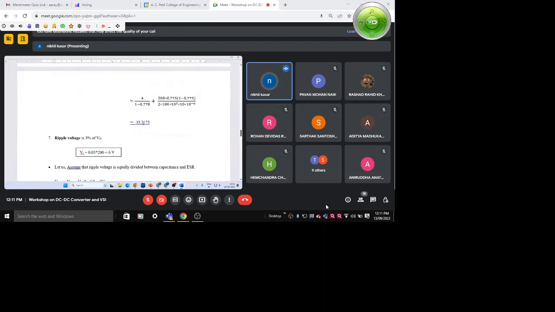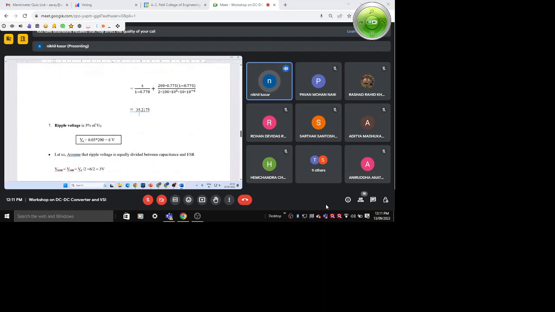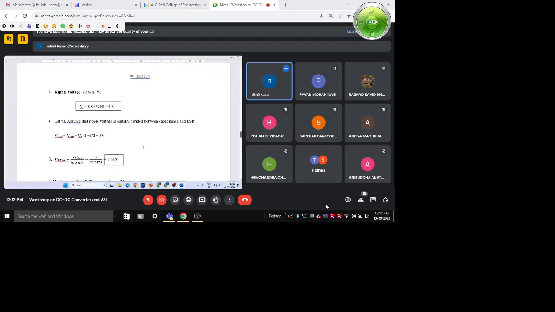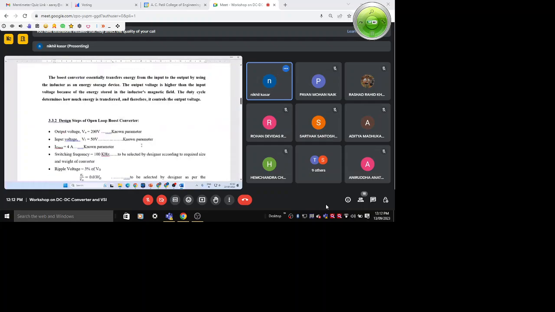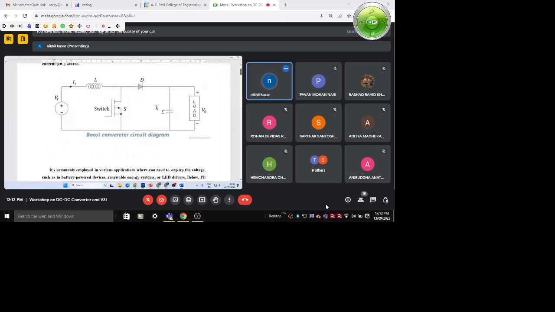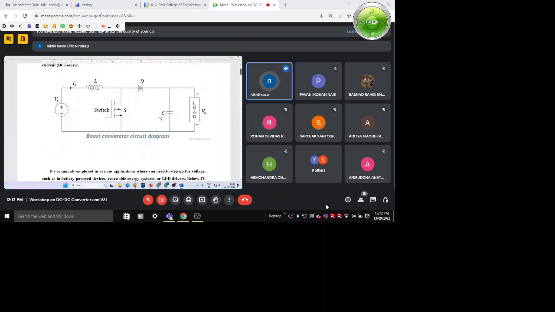Because of the maximum voltage which is going to be applied, that's why I have used the diagram thoroughly. Calculation of capacitor, how it should be calculated.